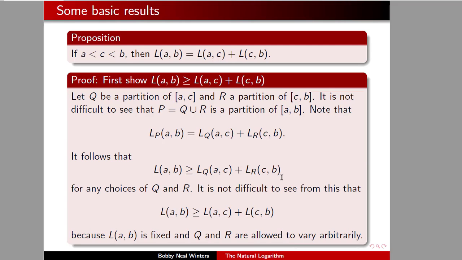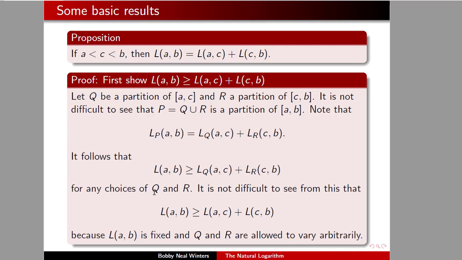A lot of letters there. But this sum is just equal to the sum of these two sums. And so from that, it follows that L of AB is greater than or equal to this. Well, why? L of AB is greater than or equal to LP of AB because it's the least upper bound, and this is equal to that.